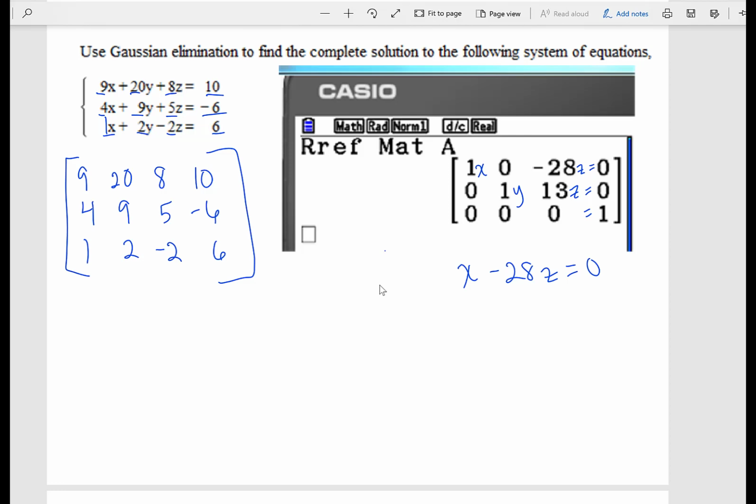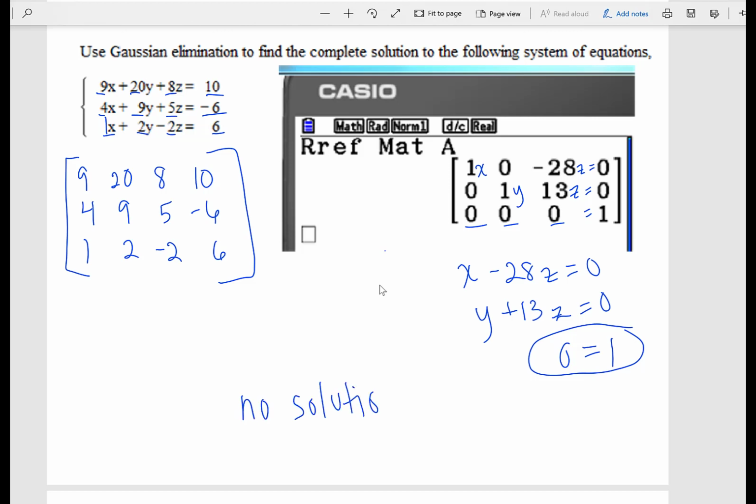I would have y plus 13z equals 0. And then notice that I have zeros in front of all my coefficients. So just 0 on the left side equals 1. That's the row that I'm interested in, because that is not a true statement, right? And because that's not a true statement, then this would be that no solution option.